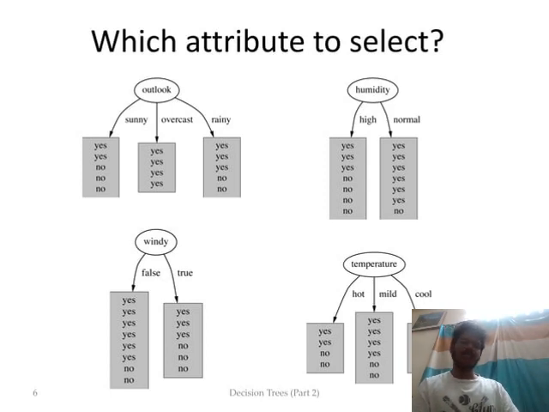In both cases, they have given yes or no. And in windy, there are two types, true or false. And in temperature, there are three types, hot, mild, cold. And they have given their respective examples.